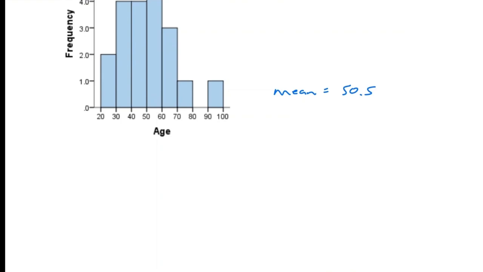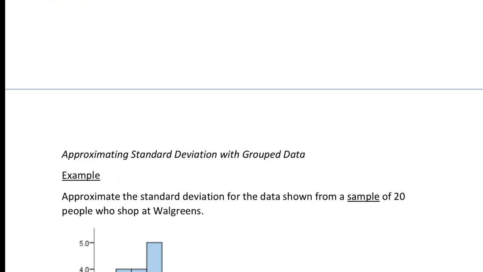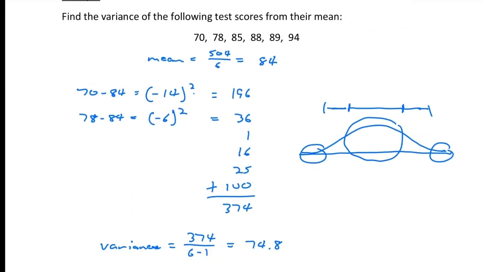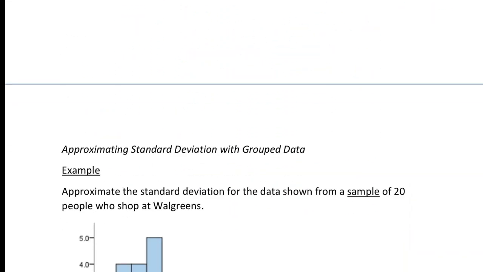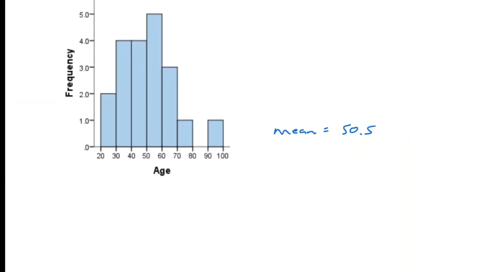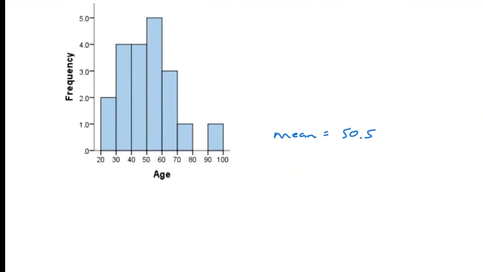So now what I want to do is find the standard deviation for each of those points. Basically what I'm going to do is go through the variance steps that I did up here. But when I get these values in this last column, instead of just accepting those values as they are, I'm going to multiply them by however many data points are in each of those bars. So for example, for the first bar, I'm going to take 35.